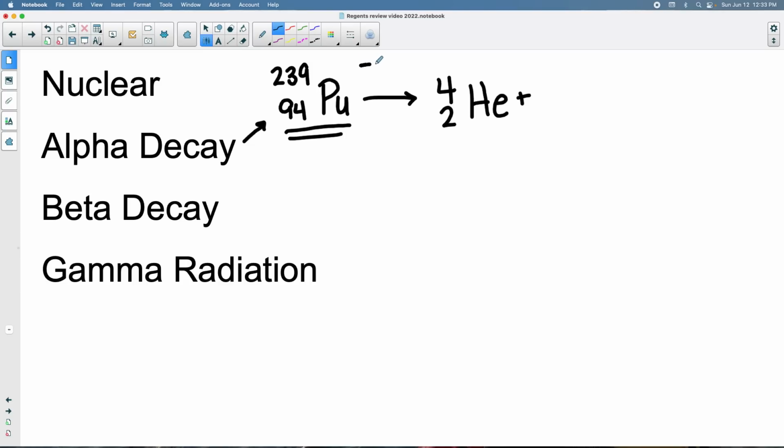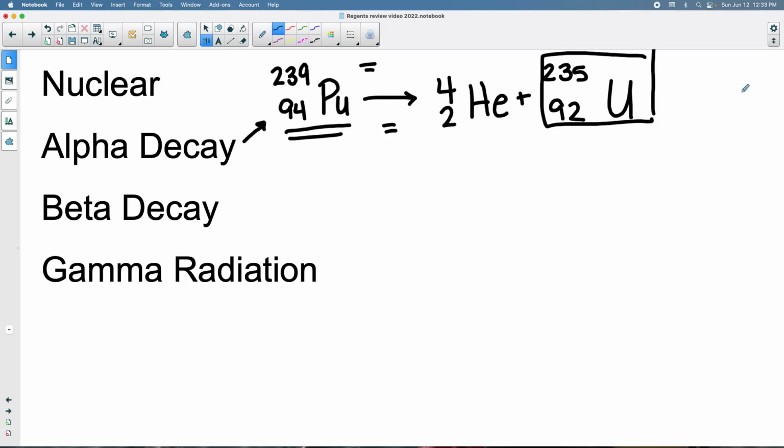So now we're going to set up two sets here. 239 equals 4 plus 235. 94 equals 2 plus 92. And then we look on the atomic number 92 on the periodic table, and that means that plutonium-239 undergoes natural transmutation and turns into uranium-235 by alpha decay.